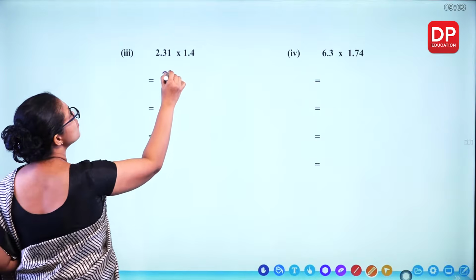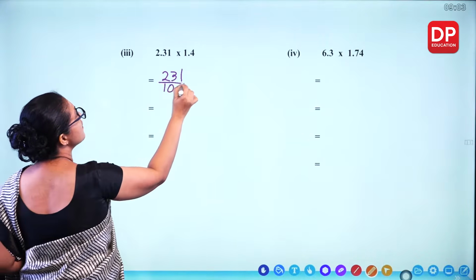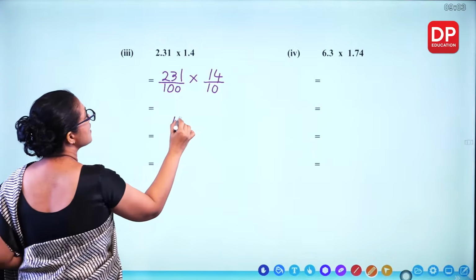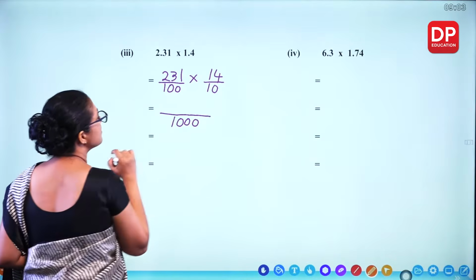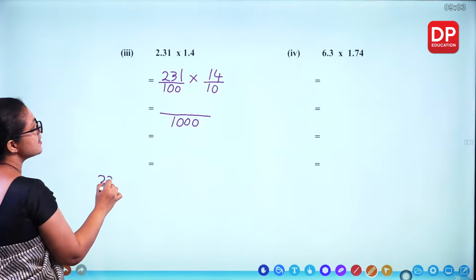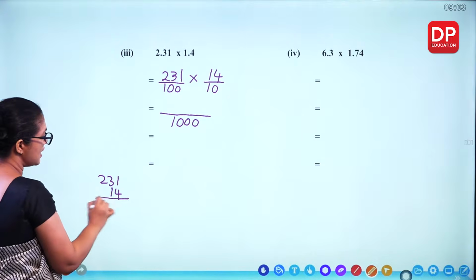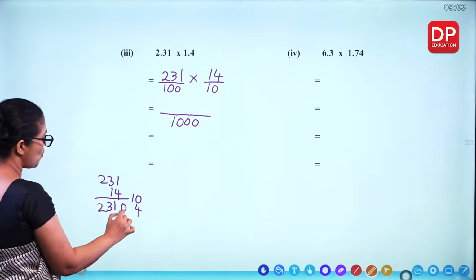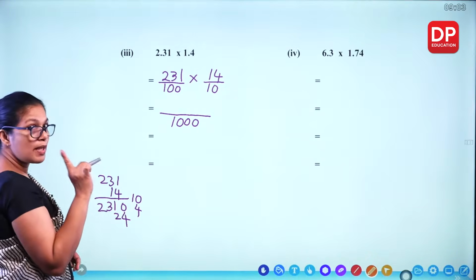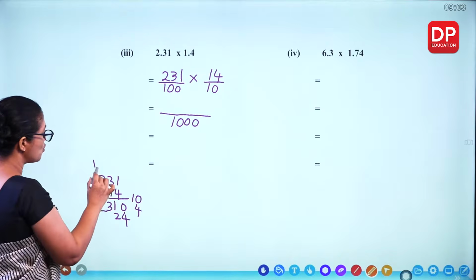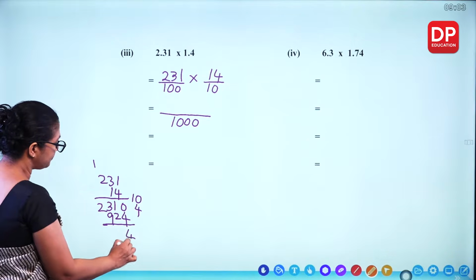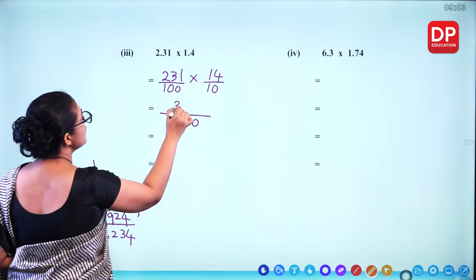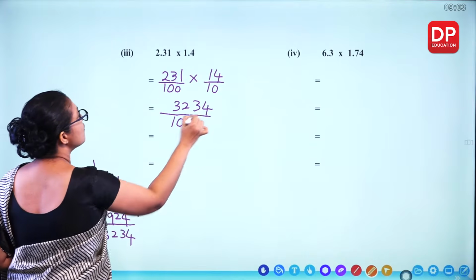2.31, I can write 231 over 100. 1.4, 14 over 10. So I get 1000 in the denominator. 231 multiplied by 14. 4 times 1, 4. 4 times 3, 12. 1 remaining. 4 times 2, 8 plus 1, 9. 3234.